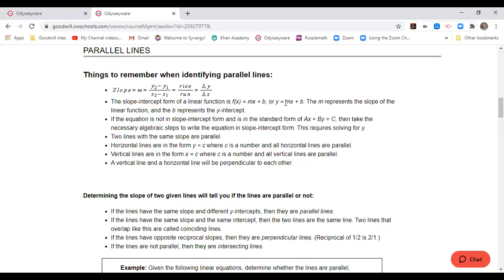If you have slope intercept, here it is in function notation. Here it is in traditional slope intercept, y equals mx plus b form. What are you going to look at there to determine the slope? What part of these equations represents the slope?